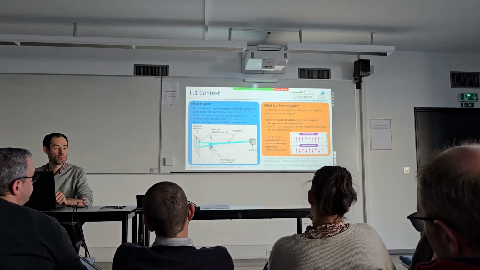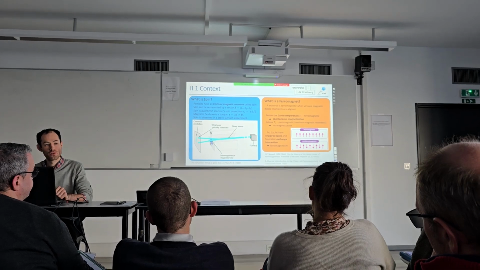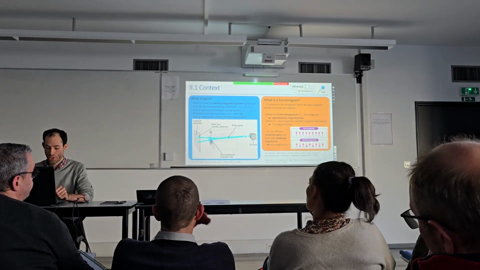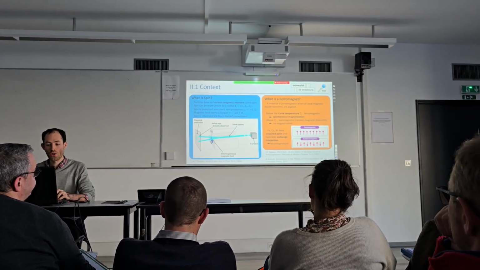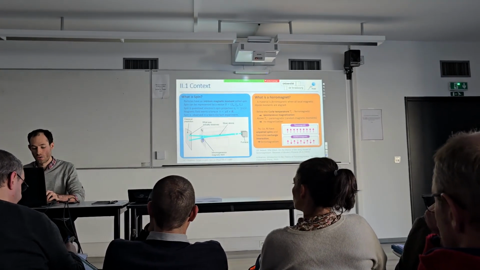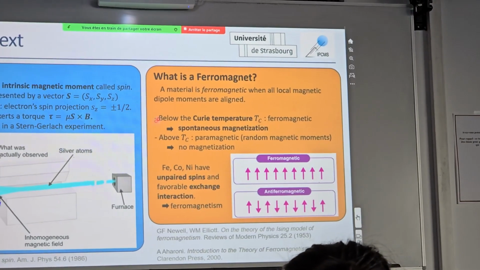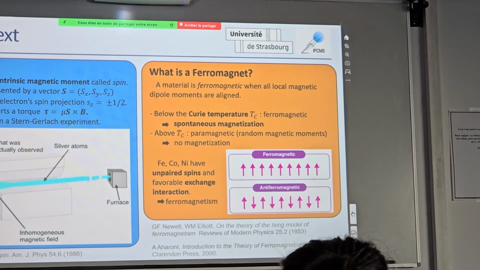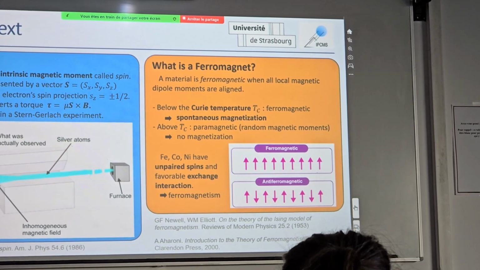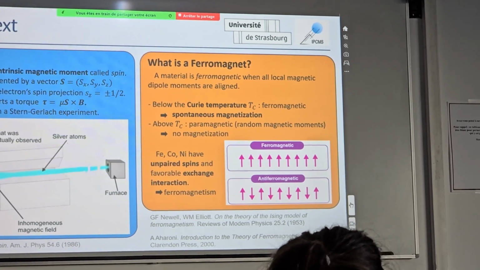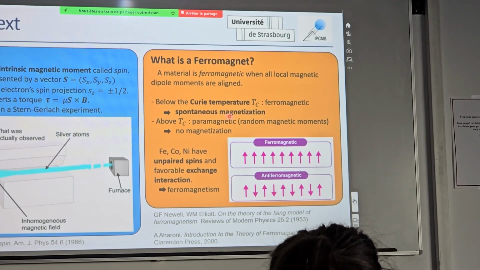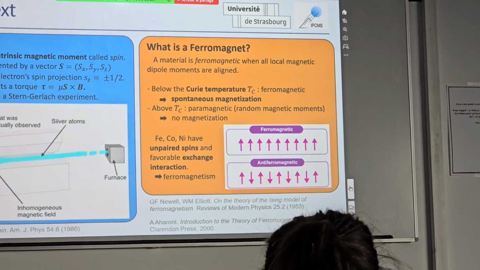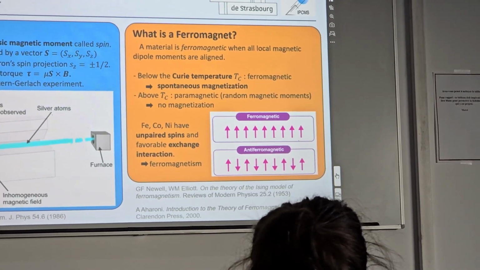And so spin is at the center of ferromagnets, which constitute the majority of the magnets you can find, for example, on the fridge. A ferromagnet is a material in which all local magnetic moments are aligned below some critical temperature called the Curie temperature. In this case, the ferromagnet has a spontaneous magnetization. Above this Curie temperature, these magnetic moments are random, and you effectively have no magnetization.